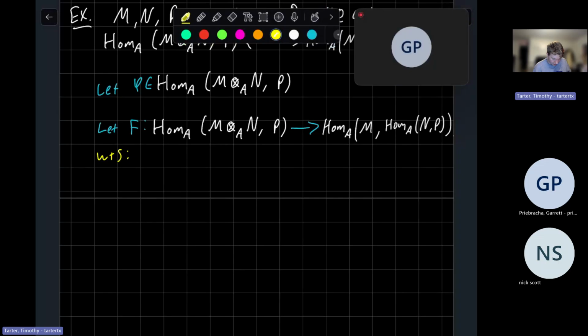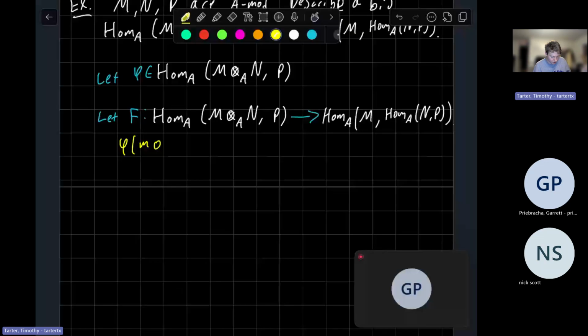So phi is this thing where phi of this product of A modules into an A module, I guess, is maybe equal to psi, from M to a set of morphisms of N, P.